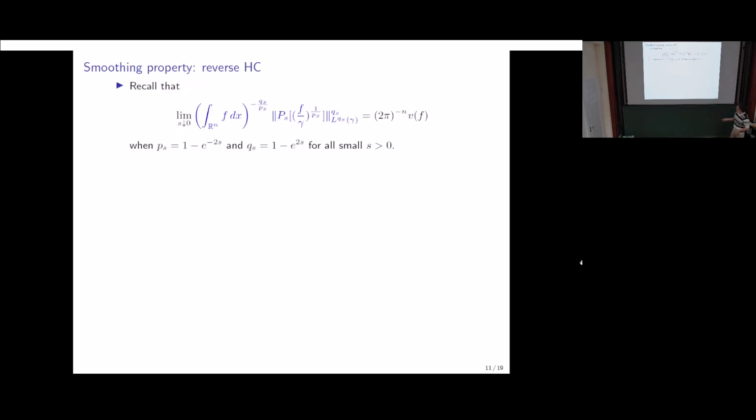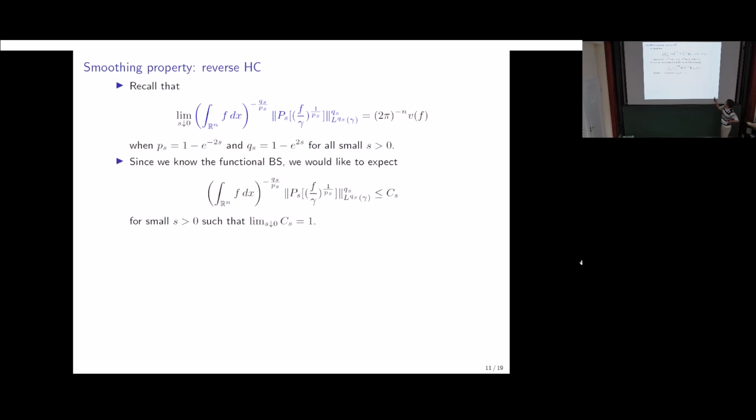Okay, so next let me explain what the smoothing property is. First let us suppose that these converge to the functional Borel product. Then we already know the Brascamp-Lieb inequality. If you apply the Brascamp-Lieb inequality on the right hand side, then the right hand side is bounded from above by 1.